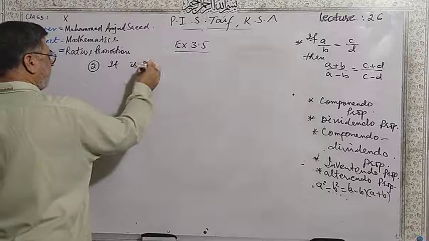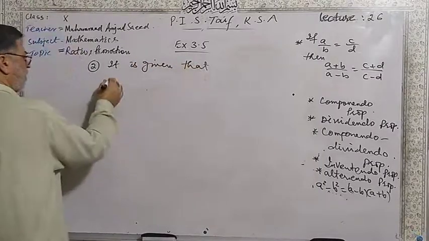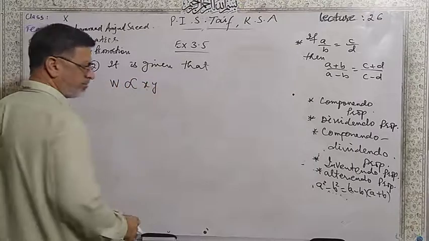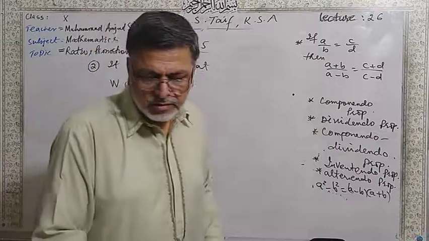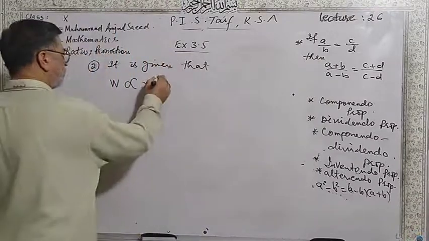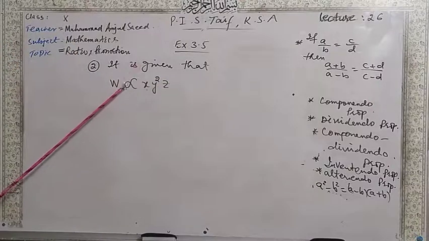It is given that W varies jointly as x, y square and z.